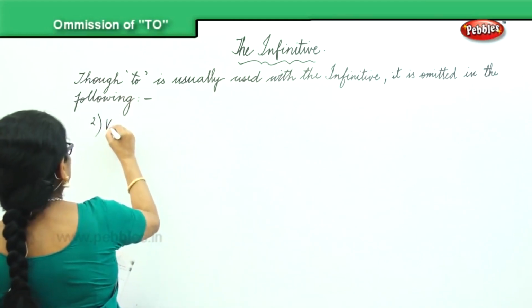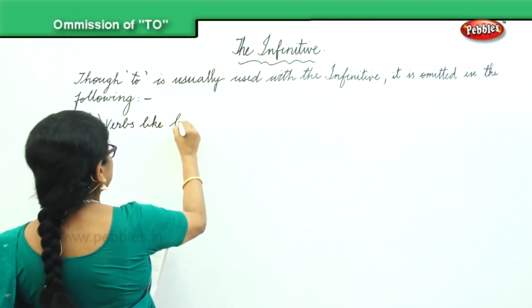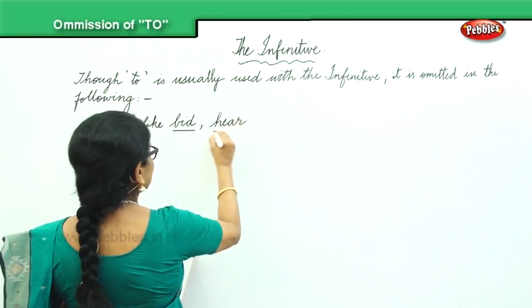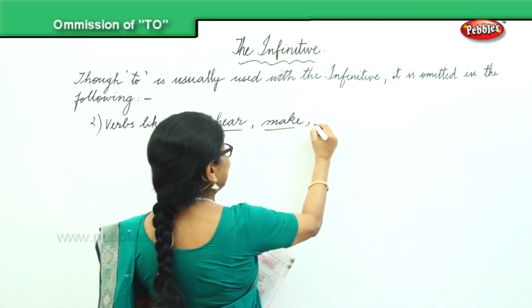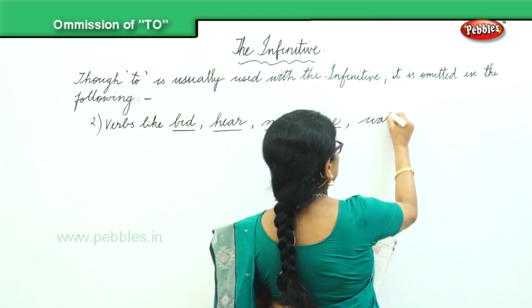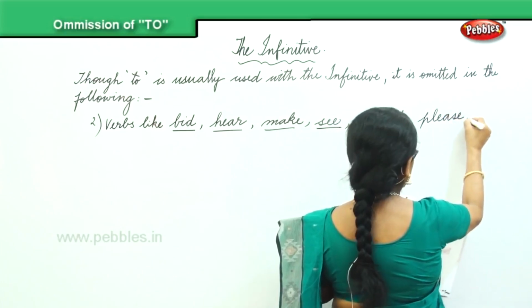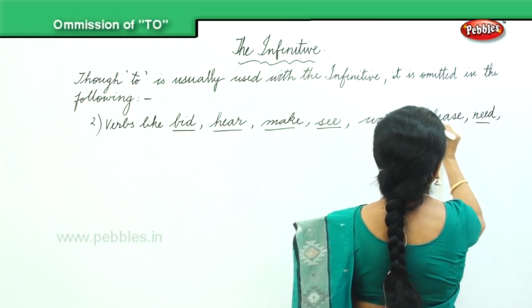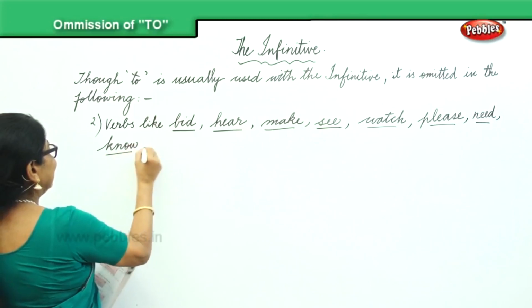In this second type, verbs like bid, hear, make, see, watch, please, need, know, and let.